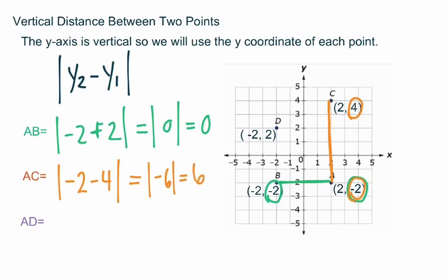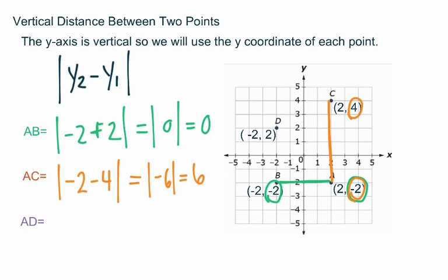If you want to double check that, you can by simply counting: 1, 2, 3, 4, 5, 6. We can use the counting method on this one because the vertical distance is on the same line or the same axis.